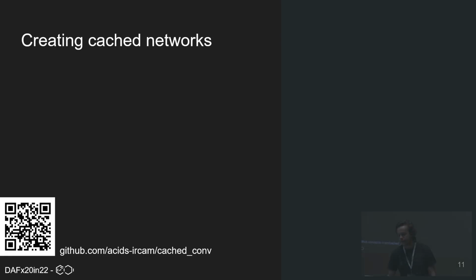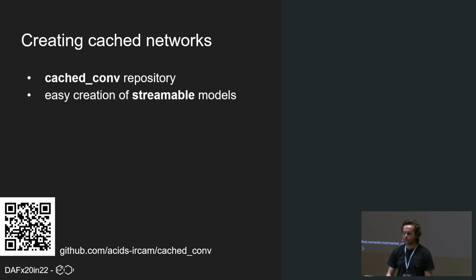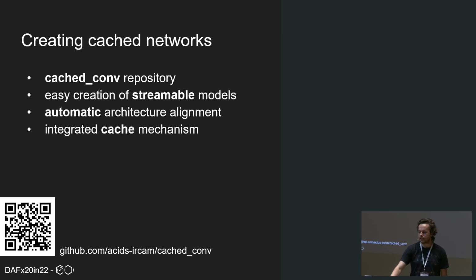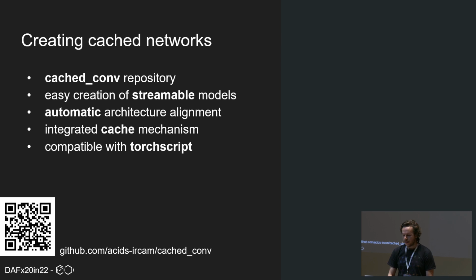We release a library called Cacheconf, which is freely available on GitHub following that link or QR code, and that enables the easy creation of streamable models, both causal and non-causal, automatically handling alignment problems and cache mechanisms, and which is compatible with TorchScript.